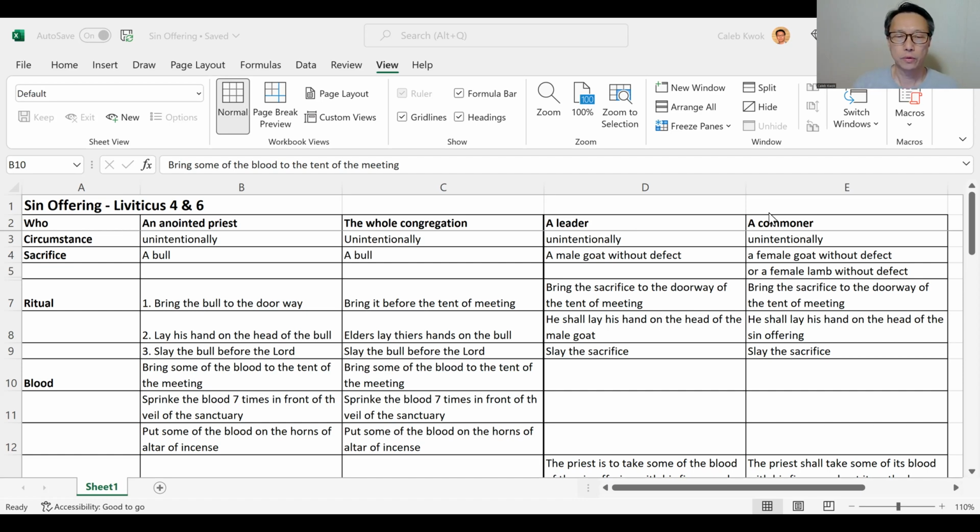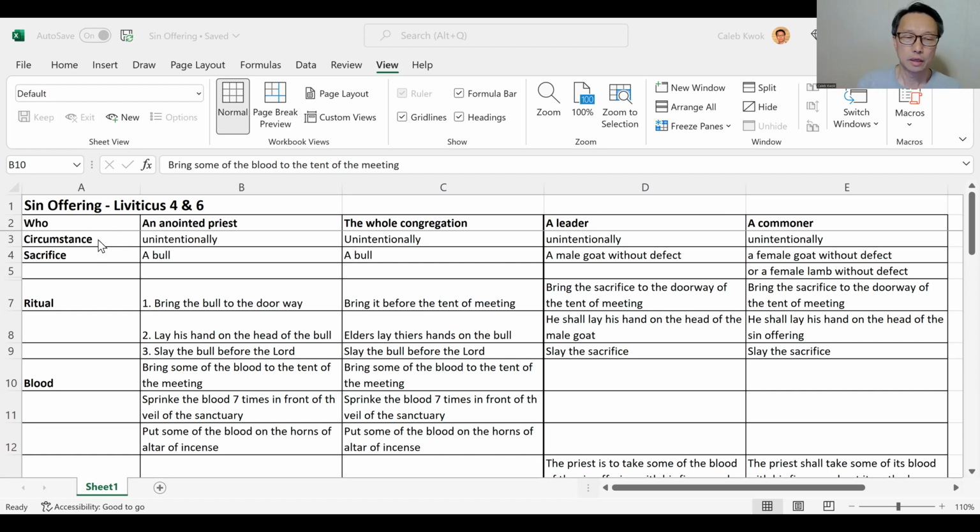All right, so when they make a sin offering, each category of people would have a slightly different ritual or things that they need to perform. Okay, now on the left-hand column here, I put down circumstance, sacrifice. What kind of sacrifice?